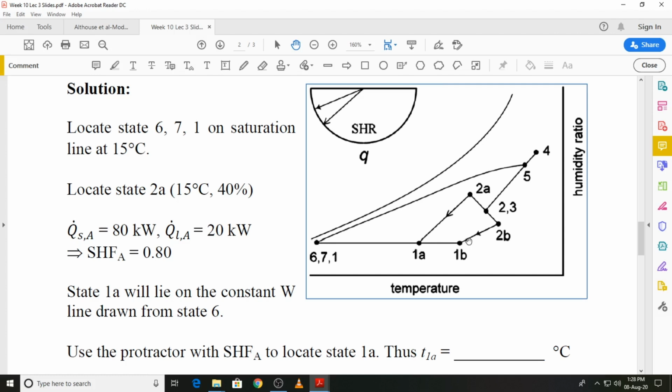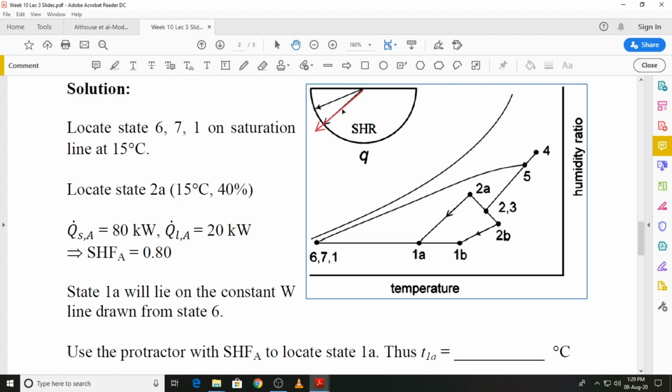Then that air will be supplied to the zone where it will balance the heat gain, both sensible and latent. You can see the load ratio line for zone B, and there is a load ratio line for zone A. The same two lines are shown on the protractor over here, so these lines would be parallel, and we can try to see that these are actually the lines that we are looking at.